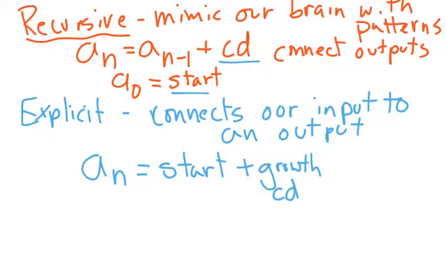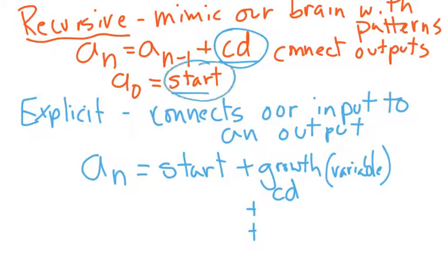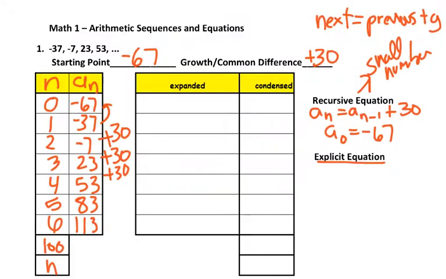Because we're going to keep adding that growth, we generally have a variable here with our growth, and that's all there is to it. Again though, we're using the same pieces that we used in the recursive. So let's see what that looks like.